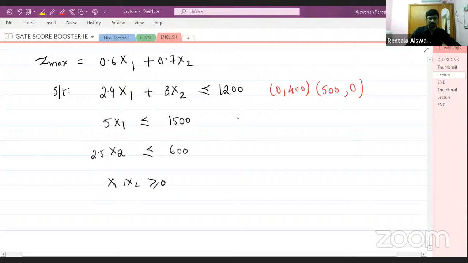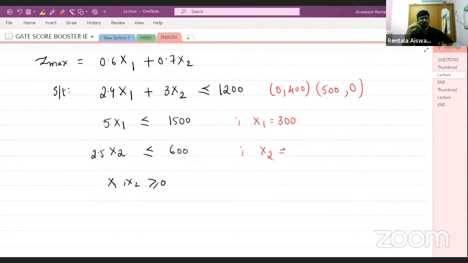So here I will directly get x1 equal to 300, maybe, and x2 will be, please let me know, 600 divided by 2.5, 240.